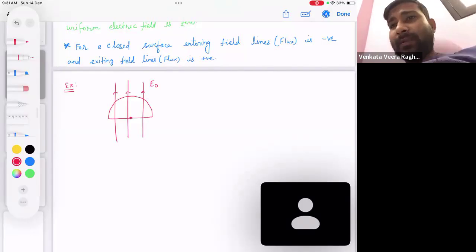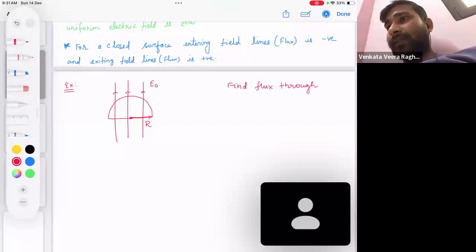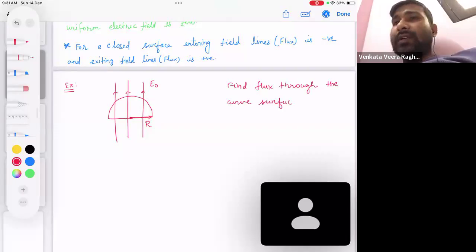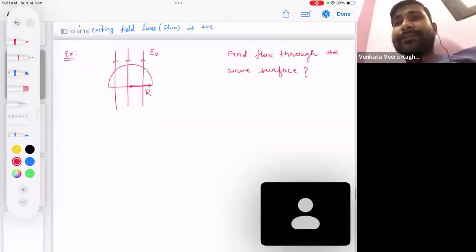And the radius of this hemisphere is given as R. So now they are asking: find the flux through the curved surface, not through the flat surface. How much flux is going to be through the curved surface?